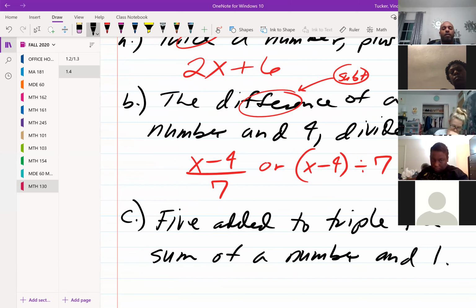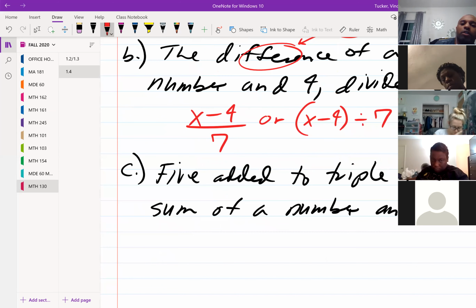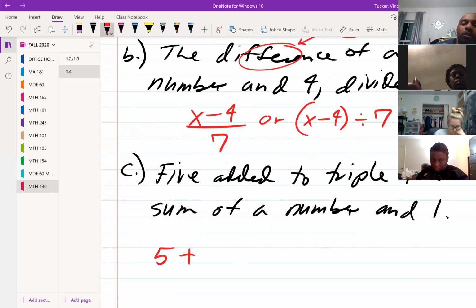All right, here: 5 added to triple the sum of a number and 1. To triple the sum. Okay. So we have 5 added to, and I think we're cool with that being 5 plus. Now, if we want to triple a sum, triple is multiply by 3.